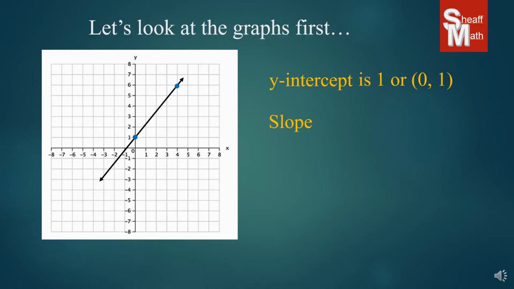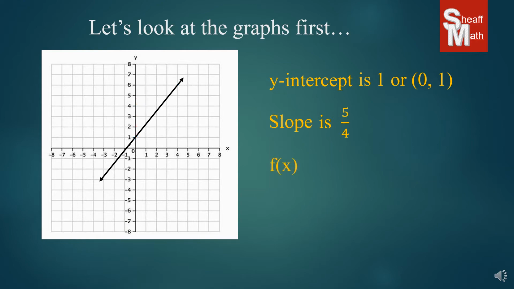Is it going up or down and then over to the right? So this one is going up by 5 and over 4. And so it doesn't matter which points you pick, it's always going to go up 5 over 4. And so 5 over 4 is our slope. Sometimes your slopes come out to whole numbers, sometimes fractions. That's okay.